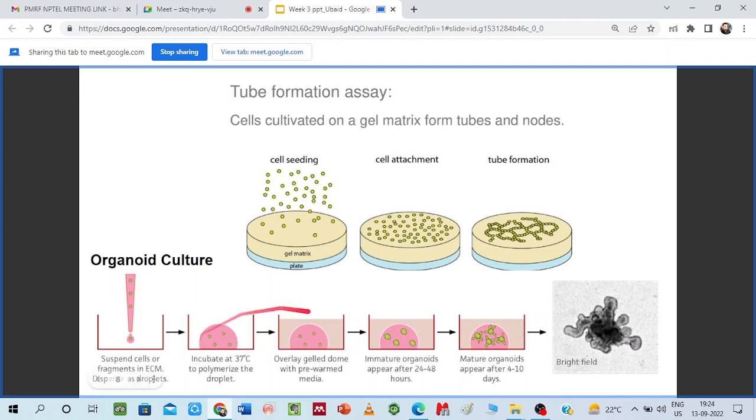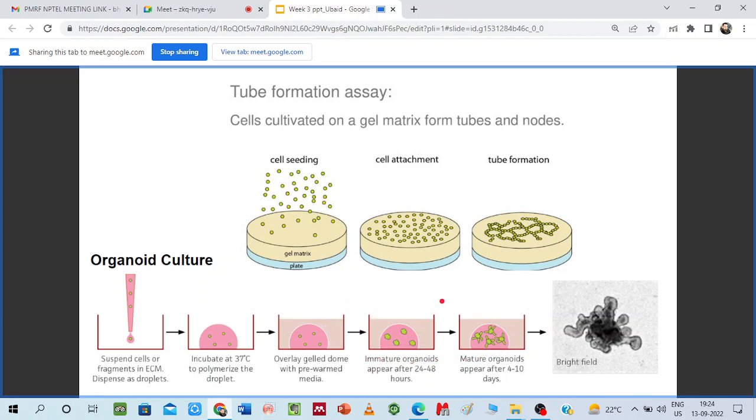And in these organoids, tumor cells can also be seeded. For example, if these normal cells are replaced by tumor cells, these tumor cells can also grow here and form tumors. So the morphology of the tumor and other physiological conditions of the tumor can be studied from these in vitro conditions.